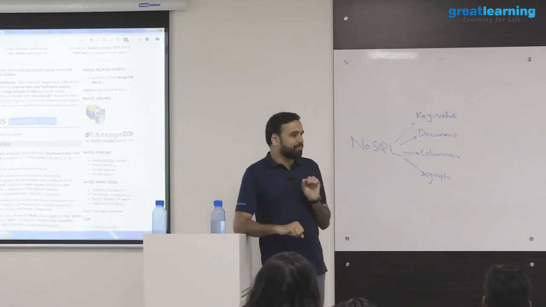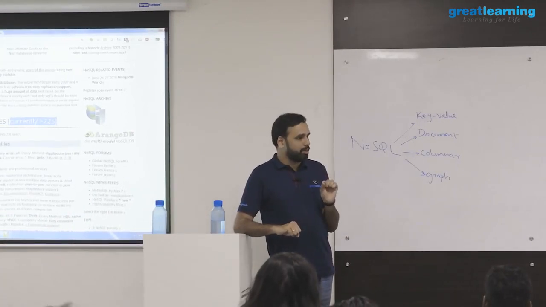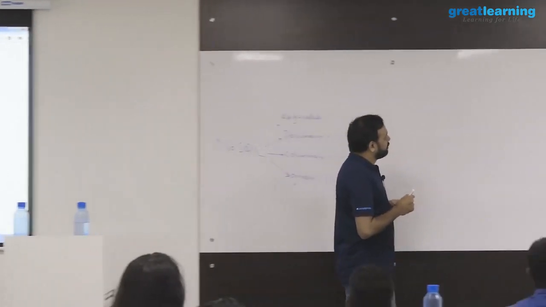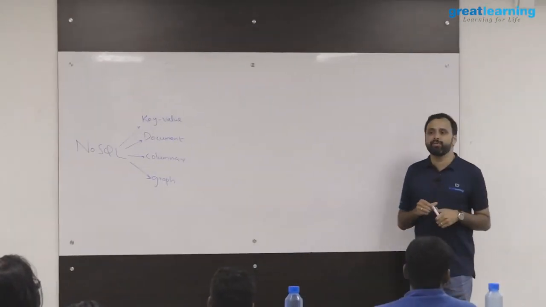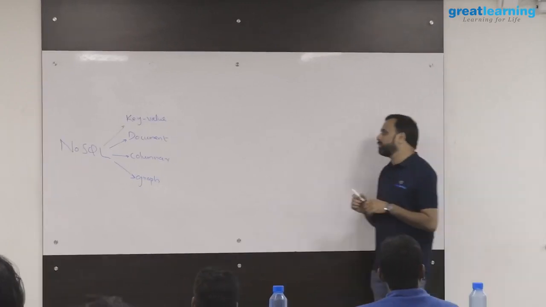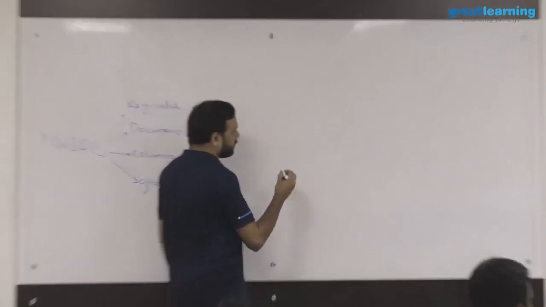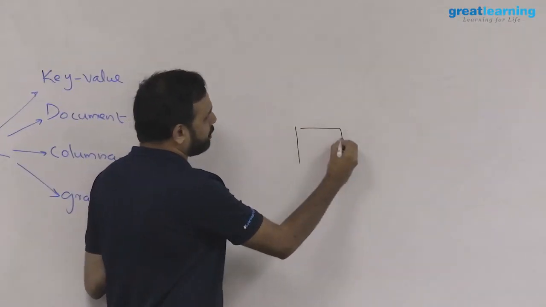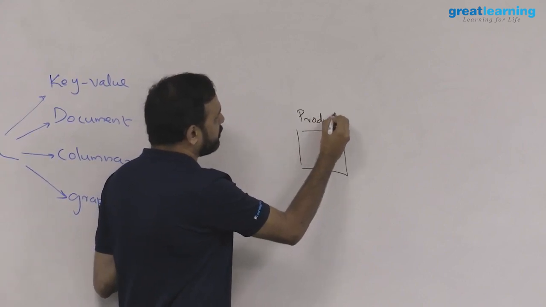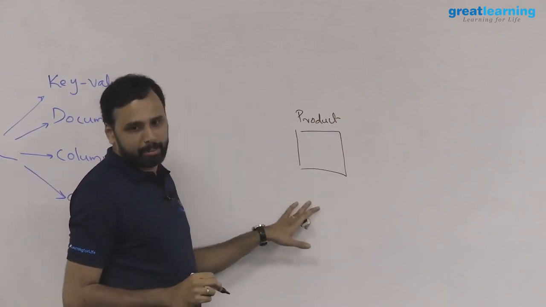What is the basic difference between SQL and NoSQL? Let me ask you this. In SQL, let's say you are working for a production company. So you always do this, right? You will have a product table. I'm just giving an example, okay? A product table.